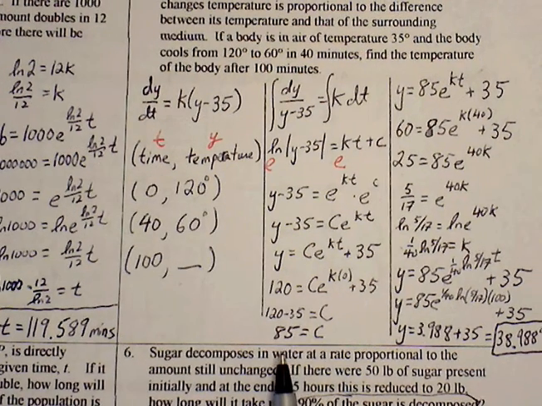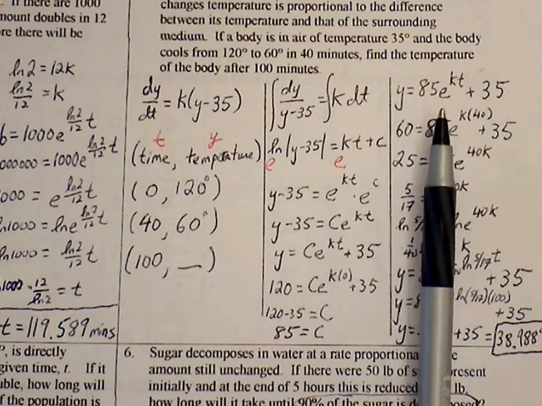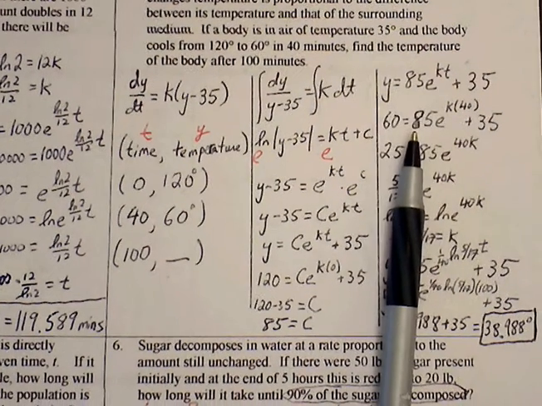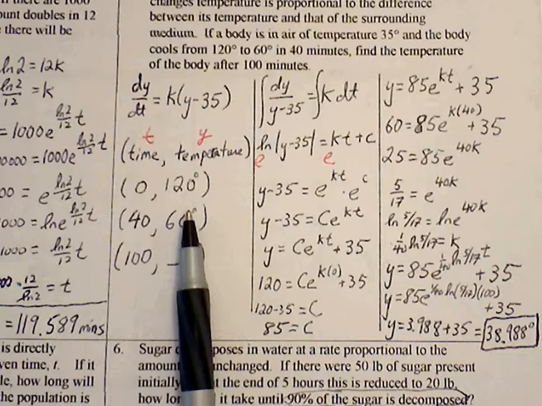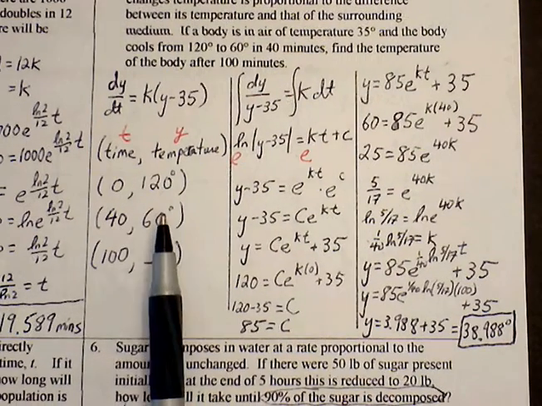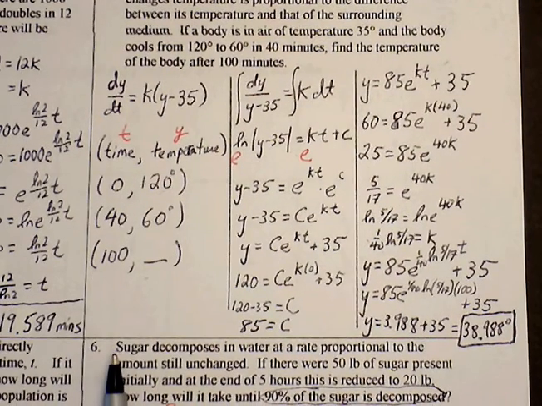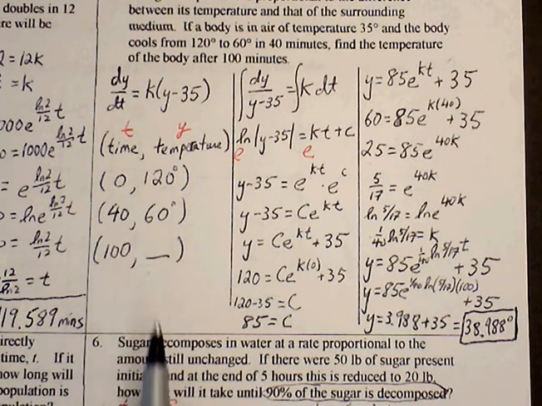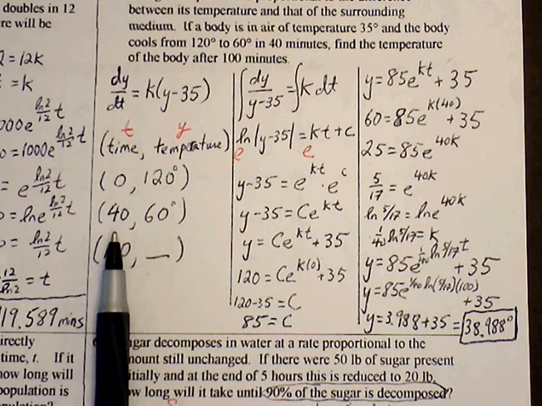So once we have our c value, we plug in, and we can use the other ordered pair to find the k value. So let's plug in 60 for temperature, and 40 for time.